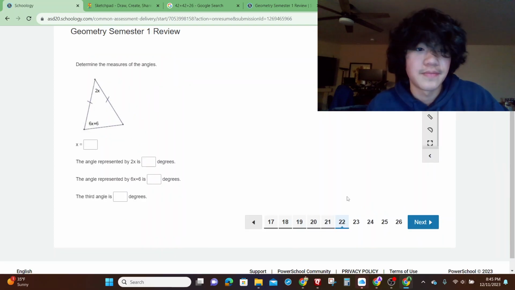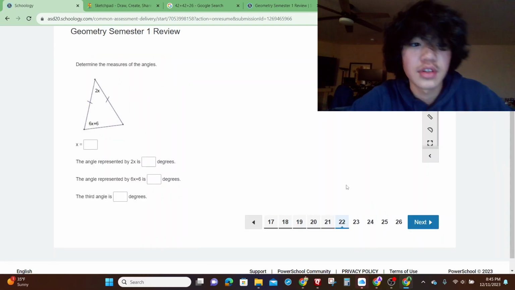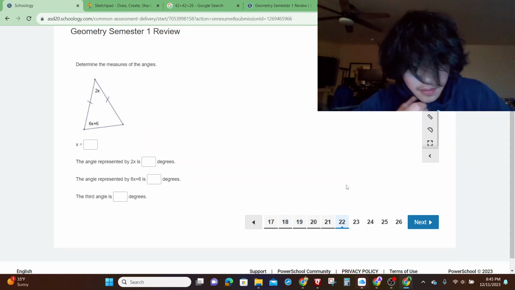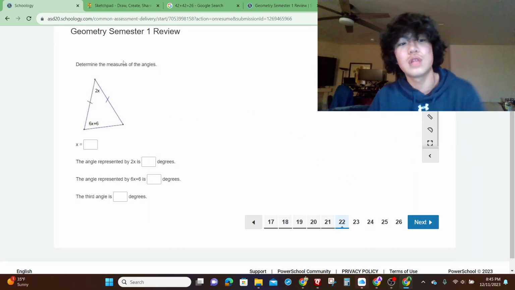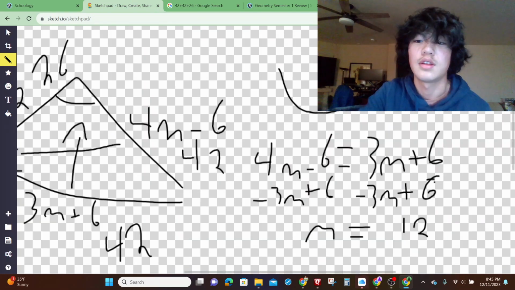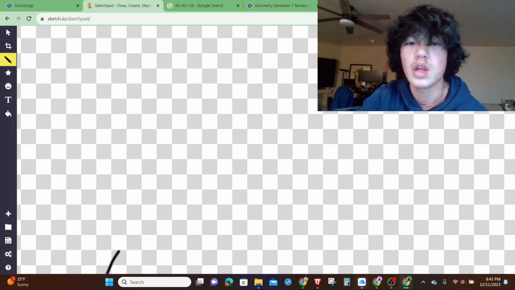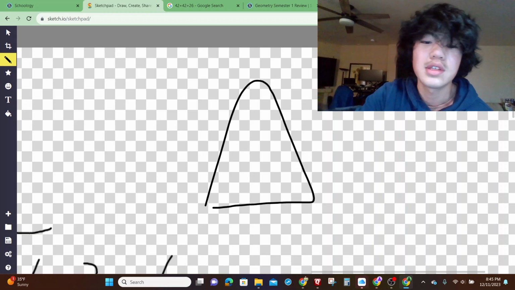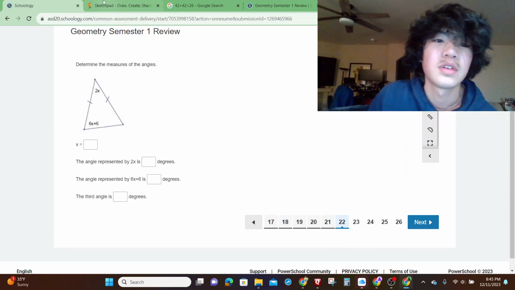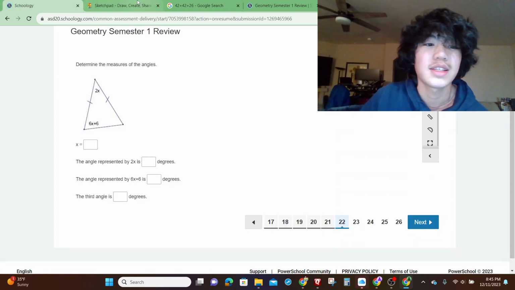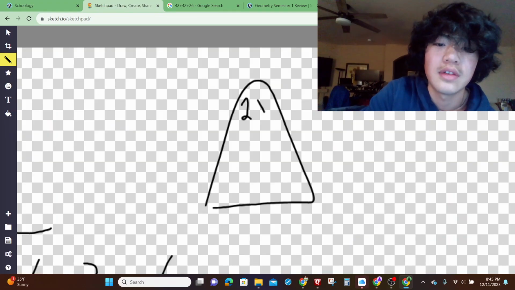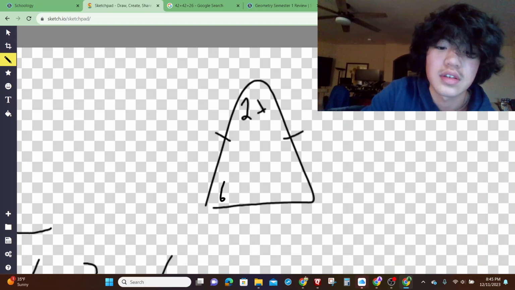Next question. Determine the measures of the angles. Alright. So those are congruent. These two lines mean they're congruent. So what can we do? This is what we can do. 2x right there. 6x plus 6.